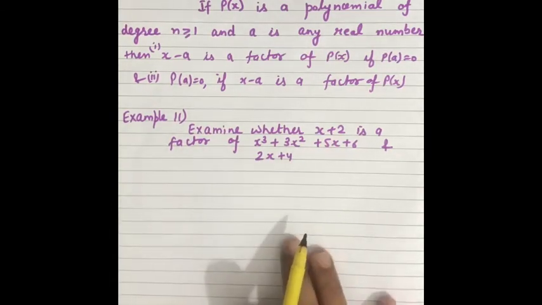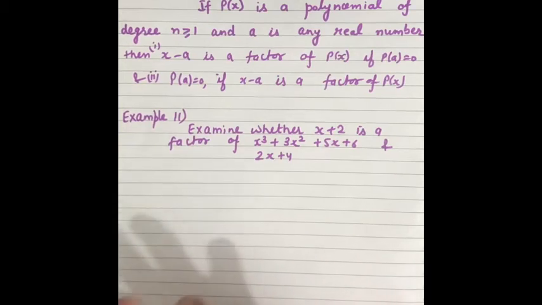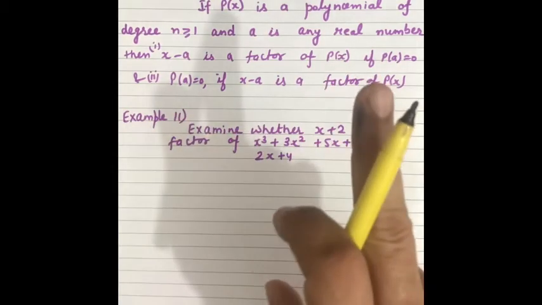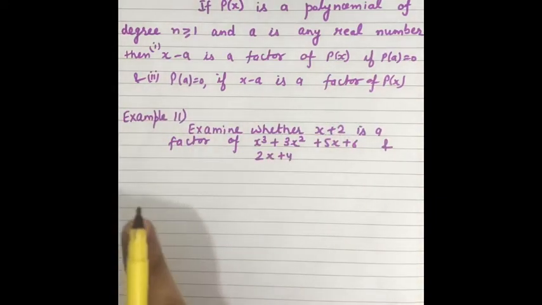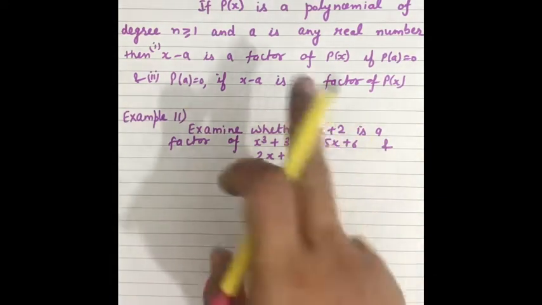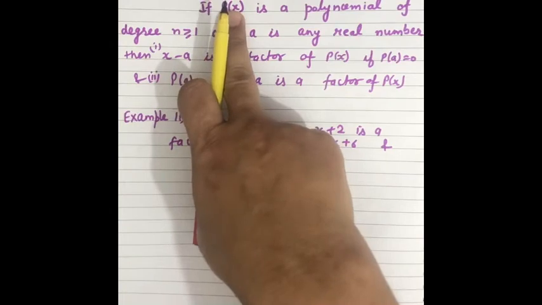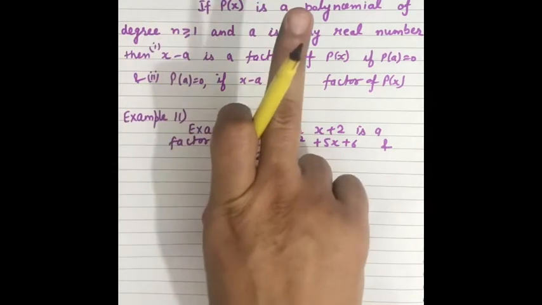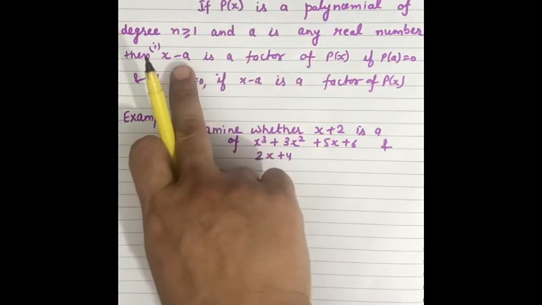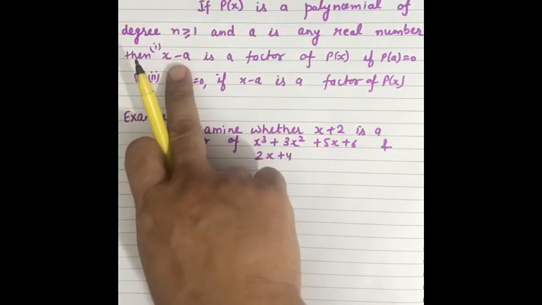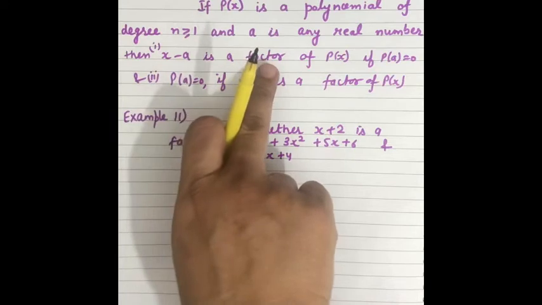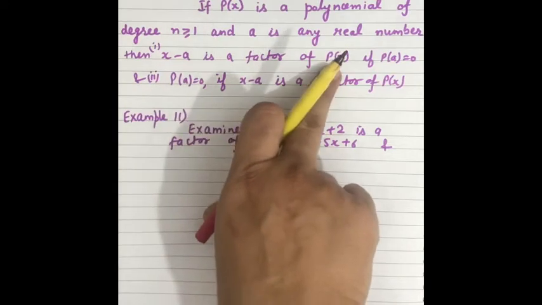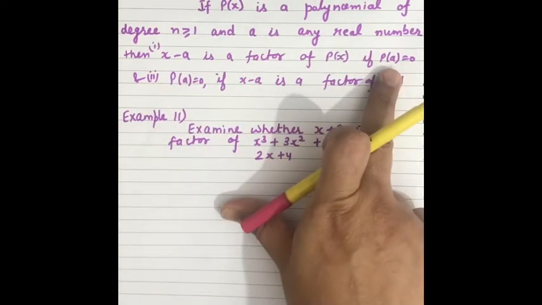Now this factor theorem is the extension of the remainder theorem only. In the remainder theorem, p(a) is the remainder when p(x) is divided by a linear polynomial x minus a. Now we'll use one condition: when x minus a is a factor of the polynomial, then the remainder in that case will be 0.